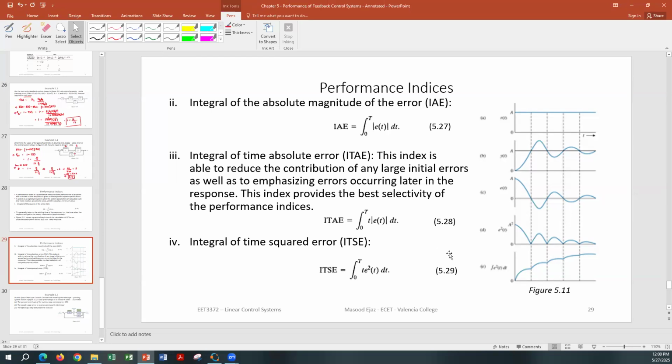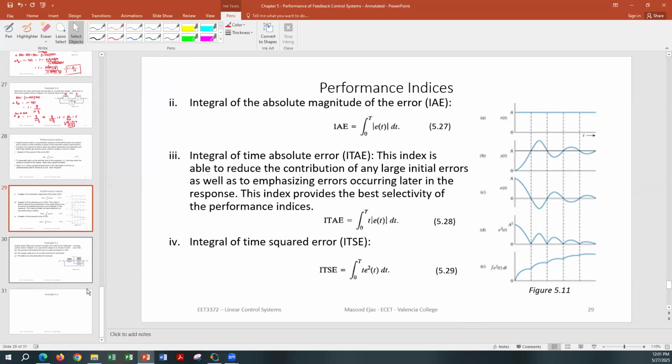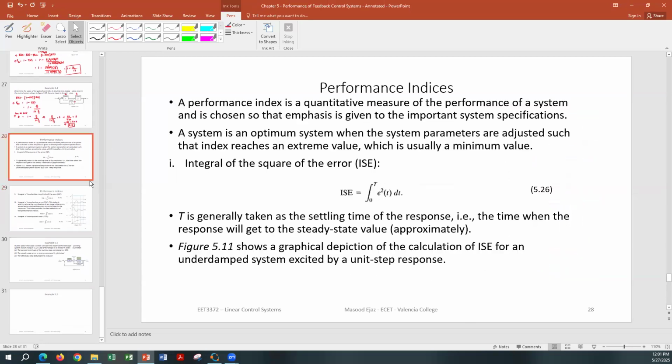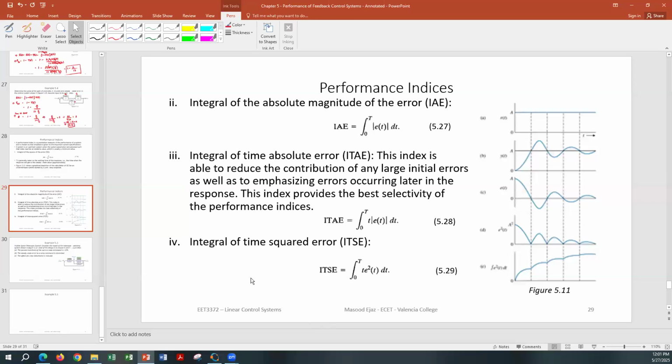I can always figure it out, because it's not always easy to do manually. You have to use a program and numerical integration functions basically. But these are some of the indices that we use in order to measure the performance of control systems.